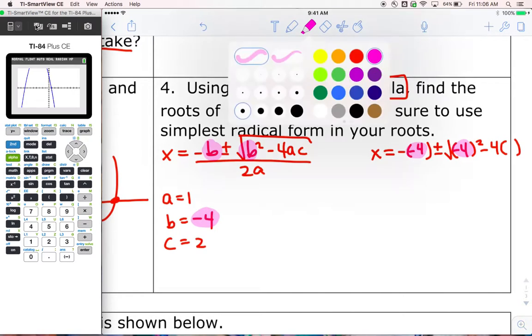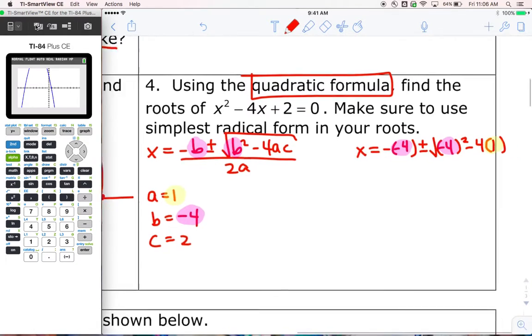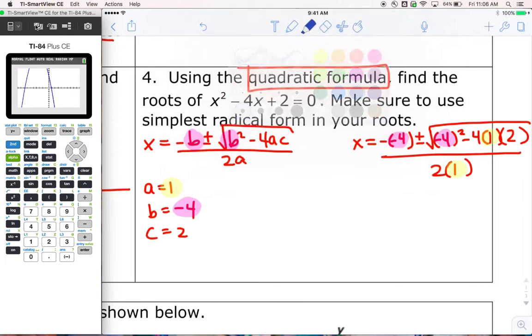Okay, well, what's a? A is 1, so I got a 1 in there. And then we have times c, so ac. And in this case, c is 2. All right, all over 2 times a. And what was a? A was just 1. I guess I should probably give c a color here. All right, we'll do blue.